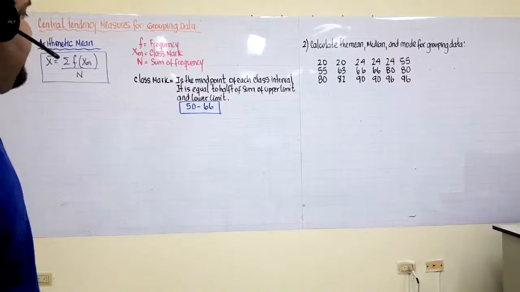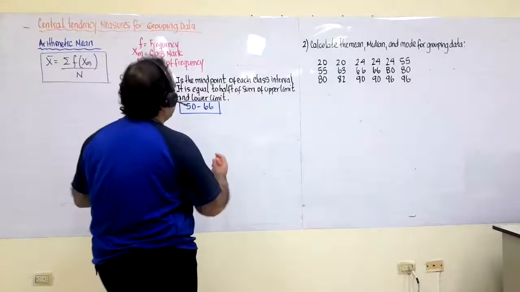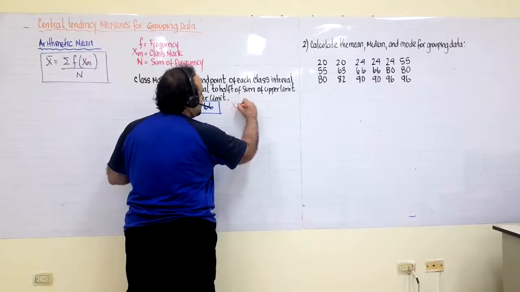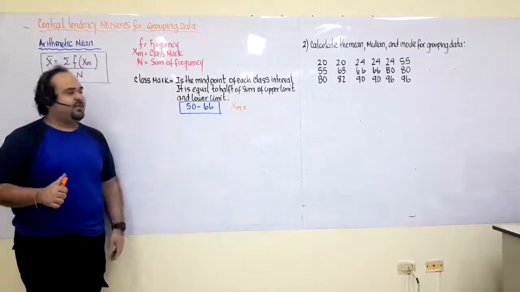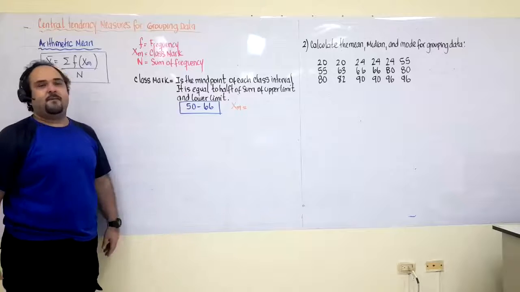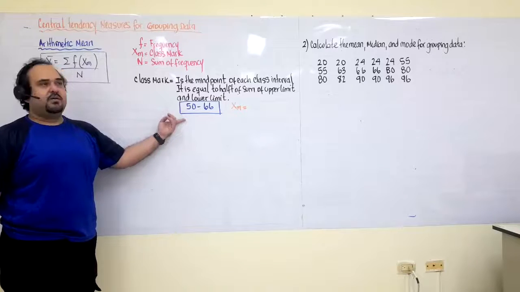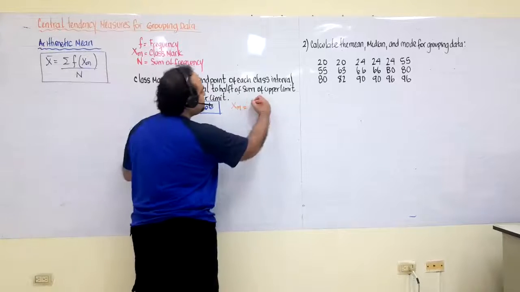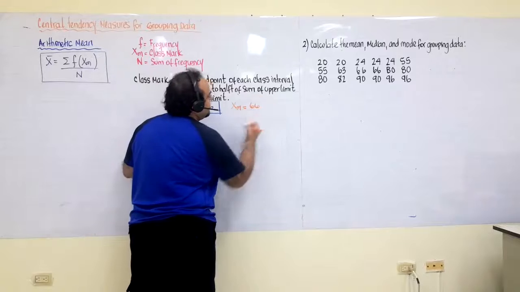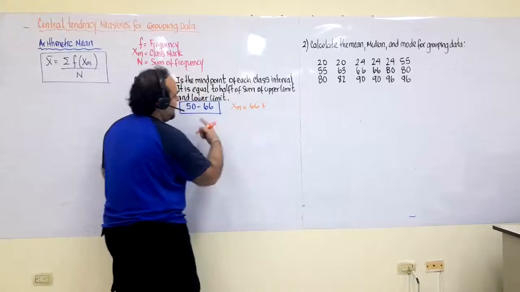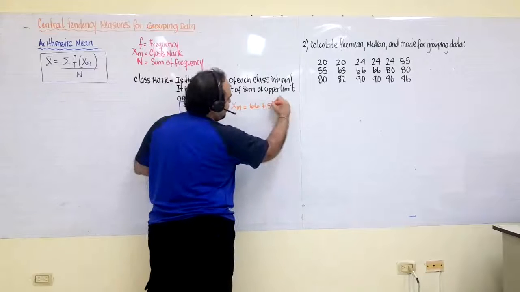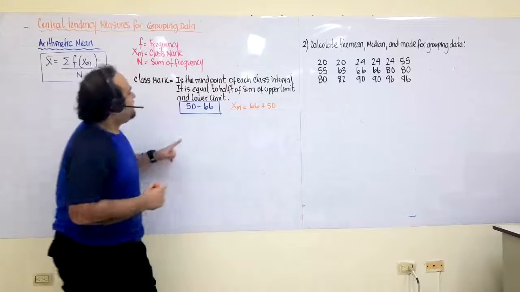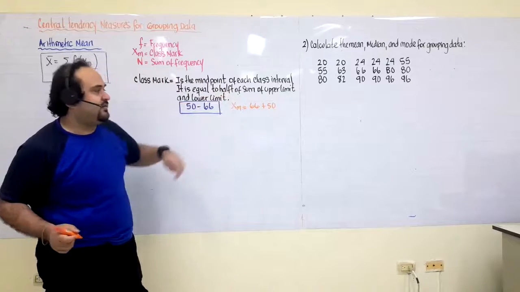In simple words, if you want to apply this, XM will be equal to the upper limit, or límite superior, 66, plus the lower limit, 50.